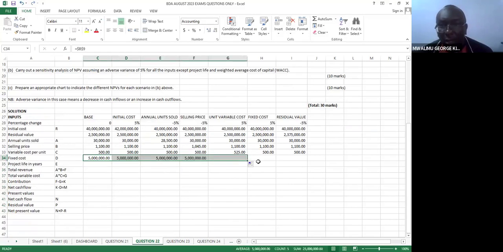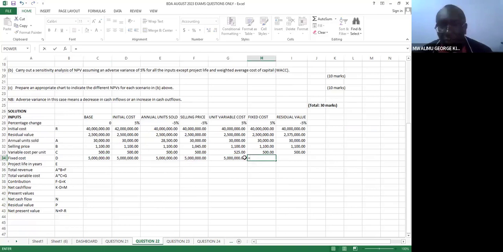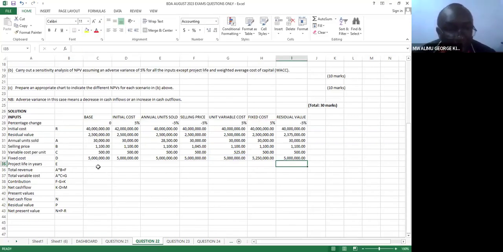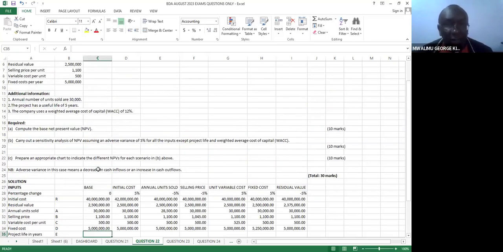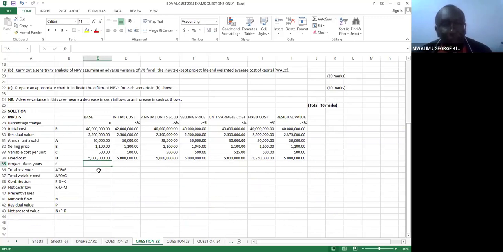Up to here is not changing, but here equals this times, open the brackets, you say 1 plus this one here, close the brackets, enter. Then here equals this one, enter. There I didn't. Project life, everywhere it is 5 years. So I just put 5. And then this one I just copy all the way to that point.